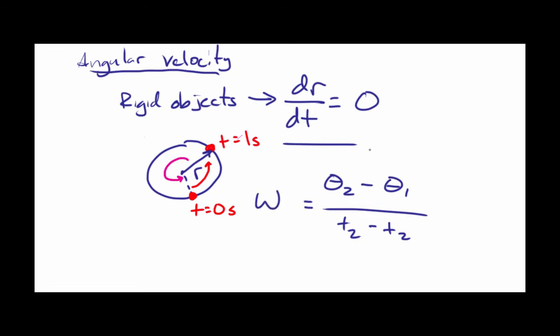As I've written this, it's the difference between two finite instances in time, so this is really an average angular velocity. This W-looking thing is actually a lowercase omega. Sorry if that's not obvious. The Greek letter omega is the character that we use to represent angular velocity or angular speed.